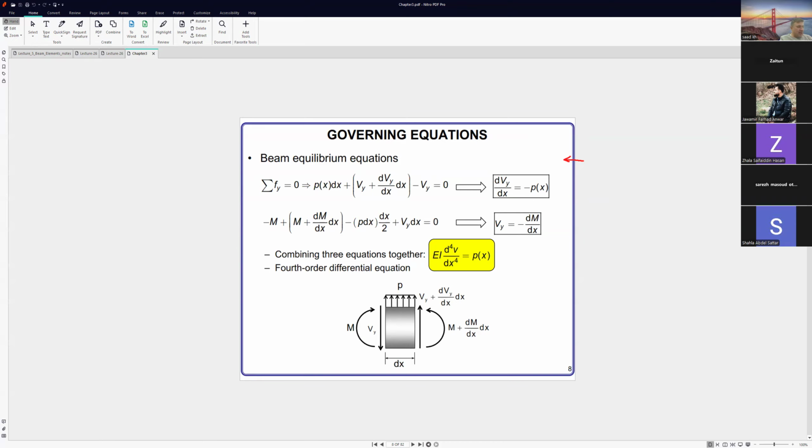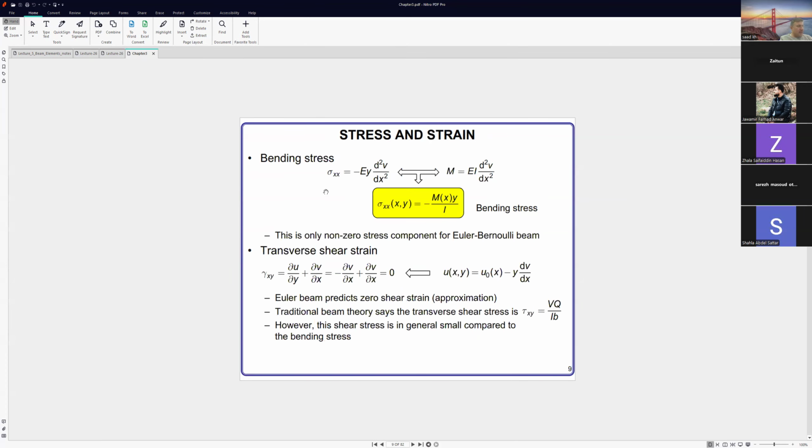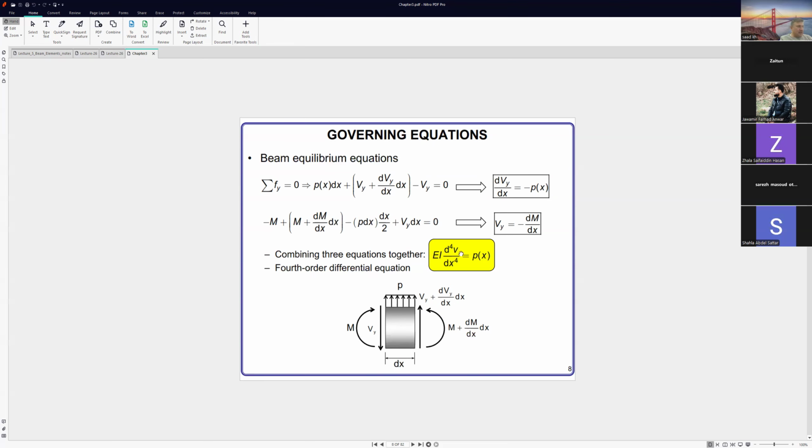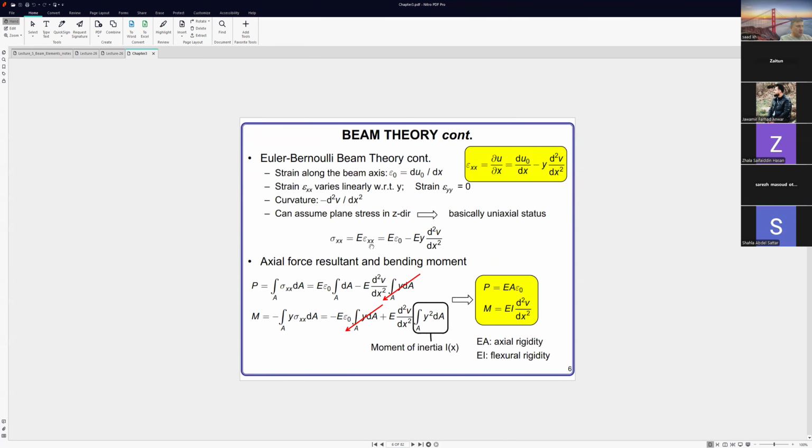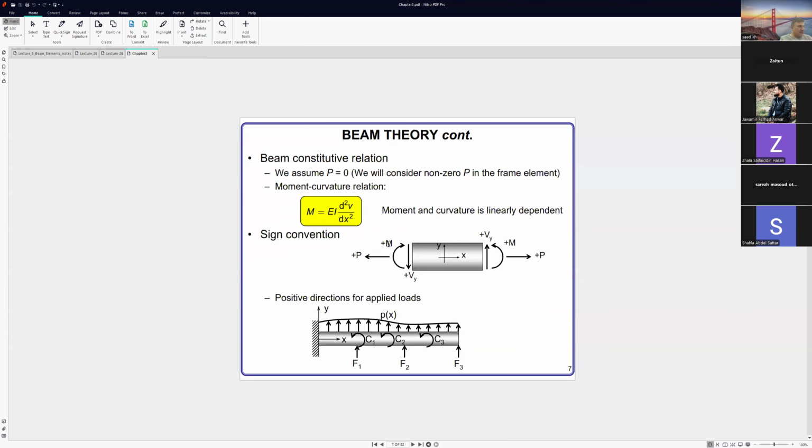Now we have again the bending stress. The bending stress sigma xx, if we substitute this equation in the previous equation: sigma is equal to E epsilon xx, and epsilon is epsilon naught minus y d squared V over dx squared.